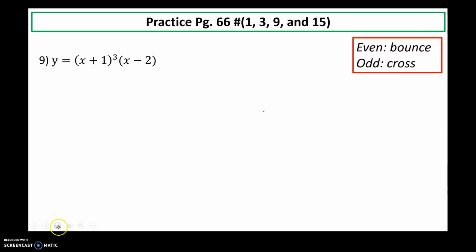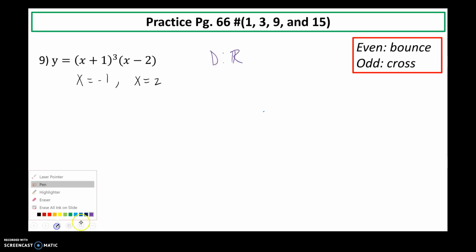Example number 9. Zeros, x equals -1, x equals 2. Domain of the function, all real numbers. Now my degree is 4, because 3 plus 1 gives me 4.